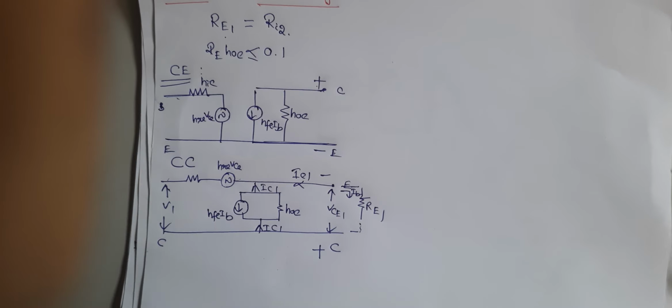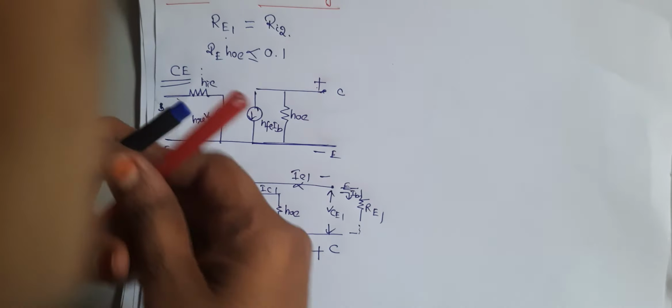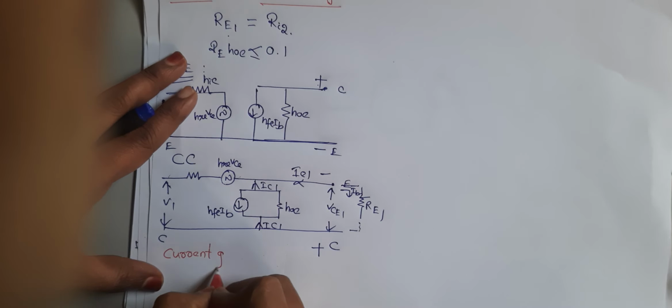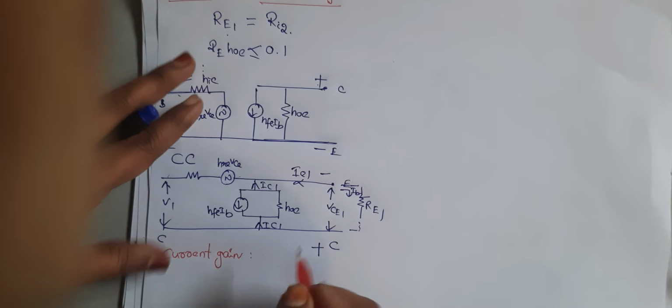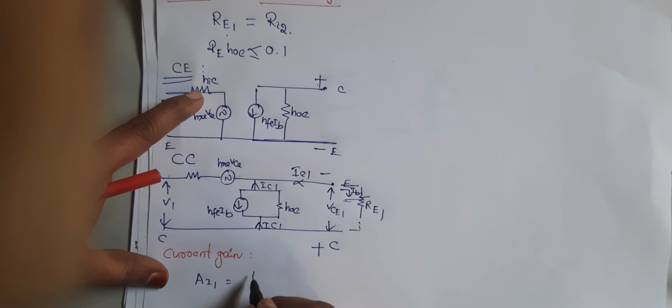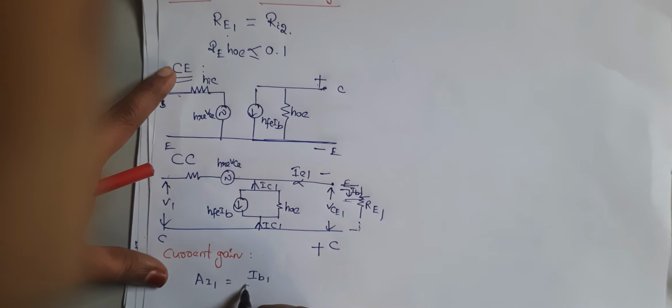So this is the circuit for the common collector configuration. First, we have to find out the current gain. Current gain, that is AI1, is equal to output current by input current.